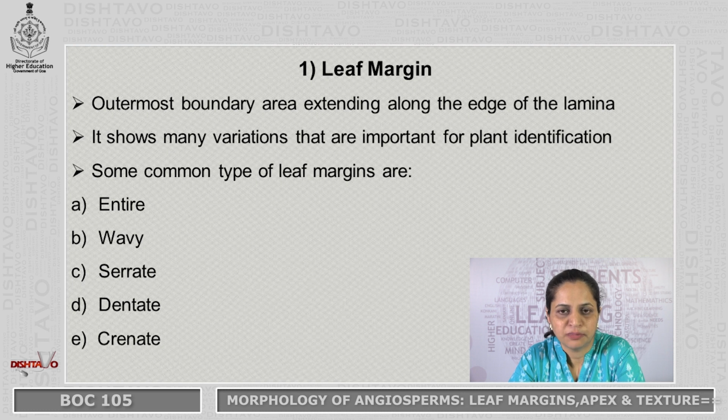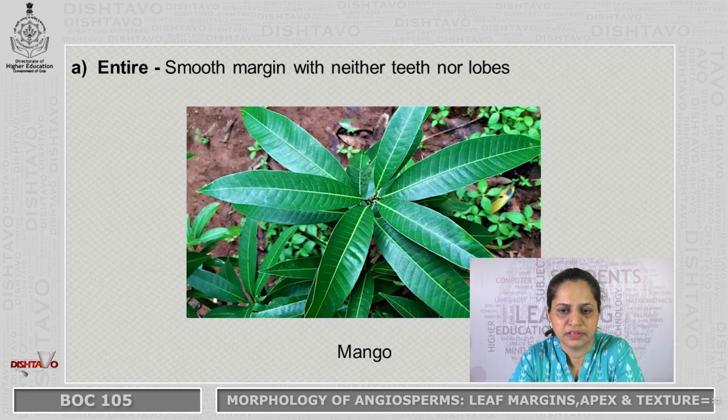Some of the common types of leaf margins which we will be studying in this module are entire, wavy, serrate, dentate and crenate. When the leaf margin is smooth with neither teeth nor lobes, it is termed as entire, as seen in mango, which has neither teeth nor is it divided into lobes.